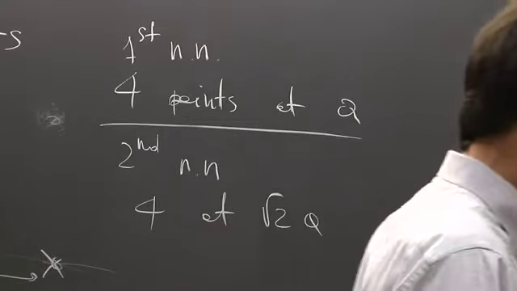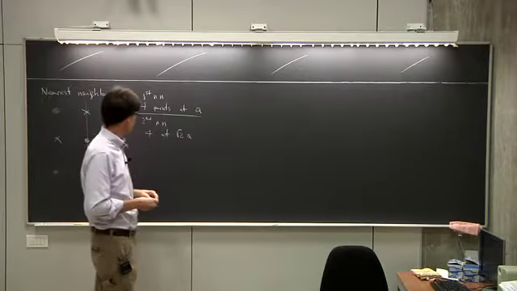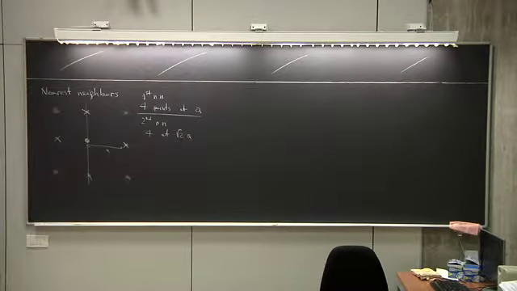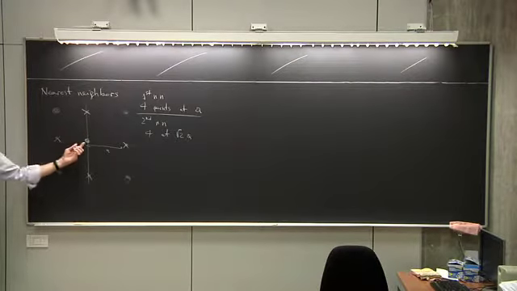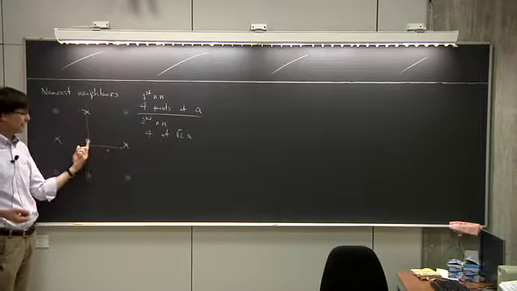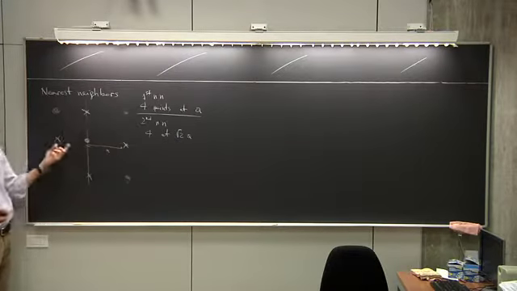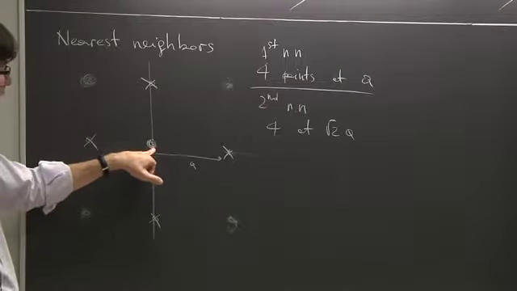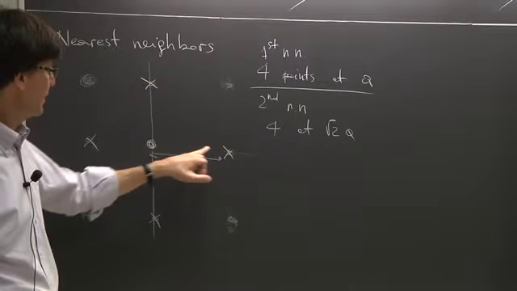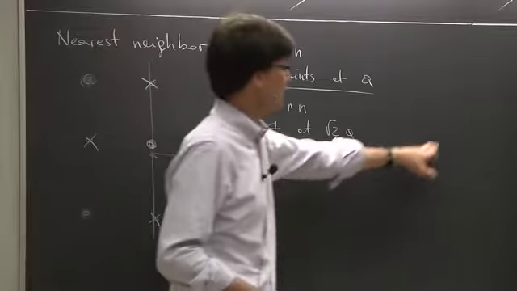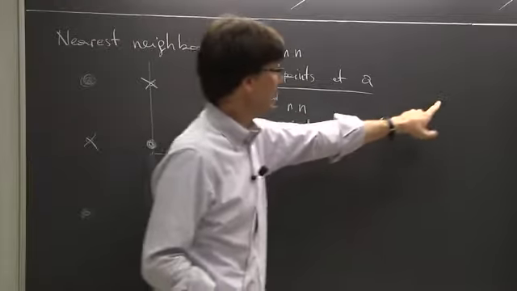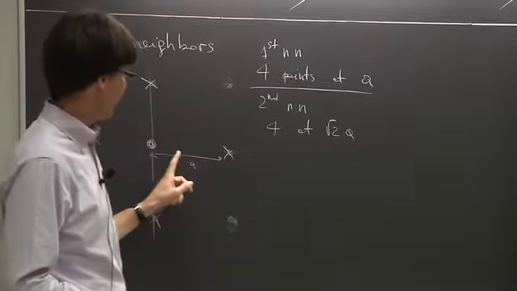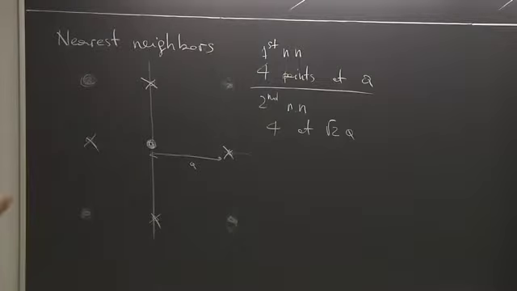If we are going to discuss vibrations in the future, vibrations are dynamics of atoms, and the dynamics of atoms is determined by the interaction between neighboring atoms. You can expect that there's going to be an interaction between this atom and this atom, but not between this atom and an atom located somewhere far away. The fact that an atom exists there is not really relevant for an atom sitting here because there's no interaction between the two. They don't feel each other.